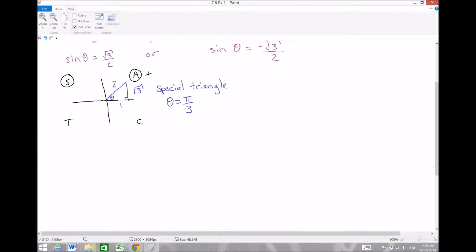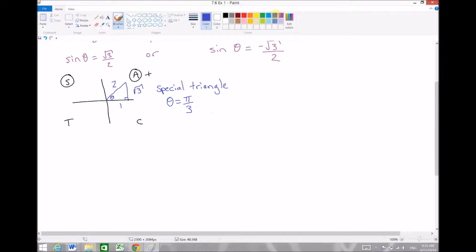Is this the only solution? No, there is one other solution in the second quadrant, and it will also give sine theta is equal to root 3 over 2.